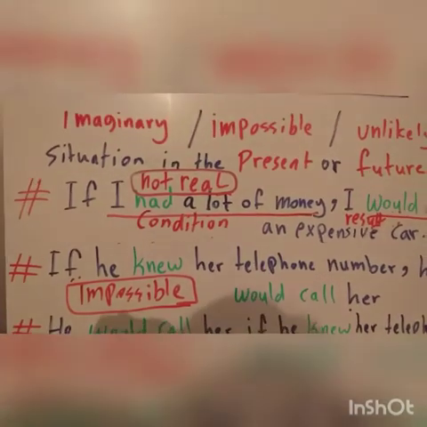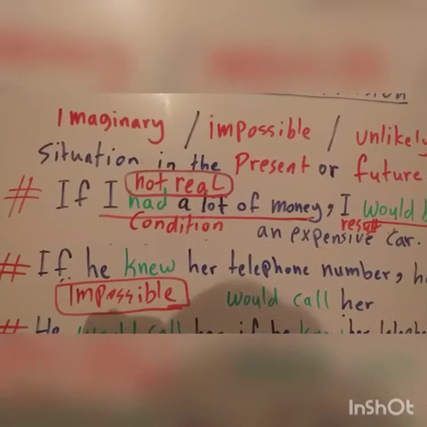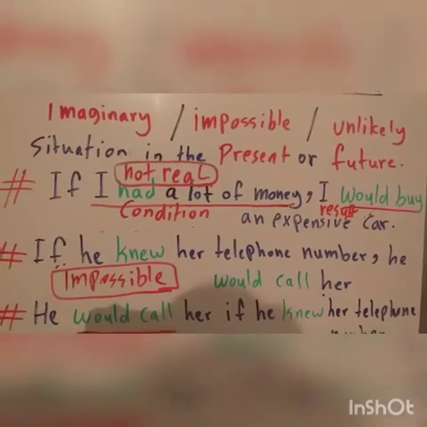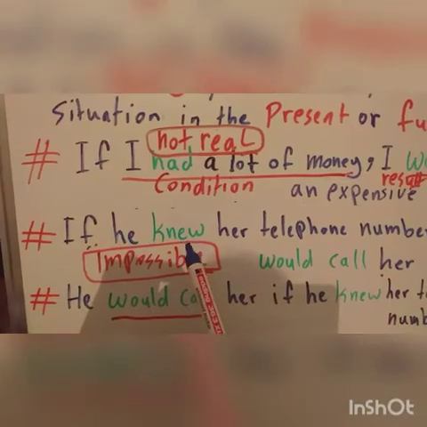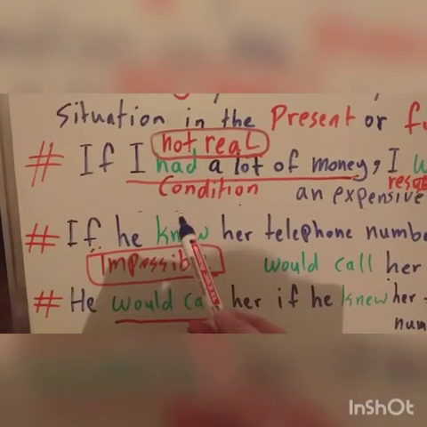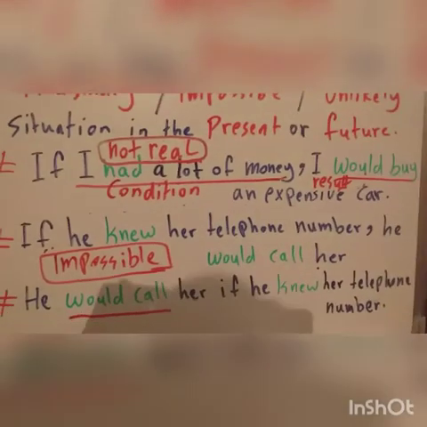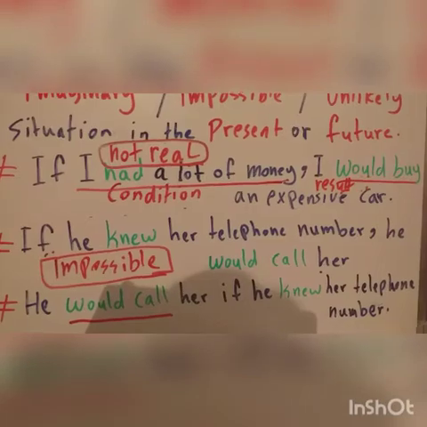It's very important to understand that the past tense is indicating a distance from reality. It is not indicating past time. So, by using past tenses, we're not indicating past time. We're indicating a distance from reality.